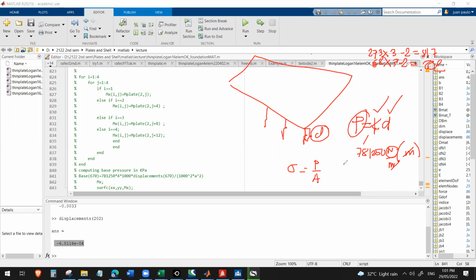So the force, this 78,150, times 1,000 to convert into millimeters, and then the displacements, which we can easily find, the one we did earlier. Why 4?